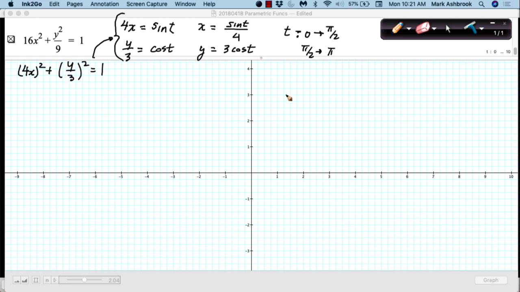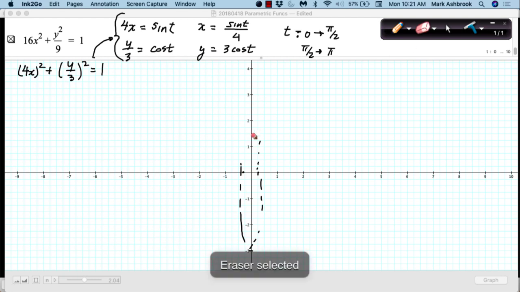So we're predicting x radius 1/4 and y radius of 3. So maybe we're predicting something like this, a really tall, skinny ellipse. So we know that's what it is according to the equation.